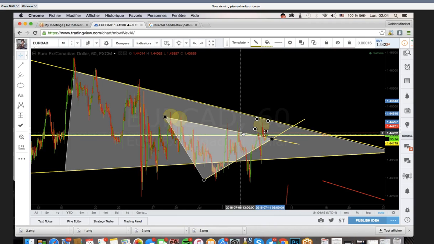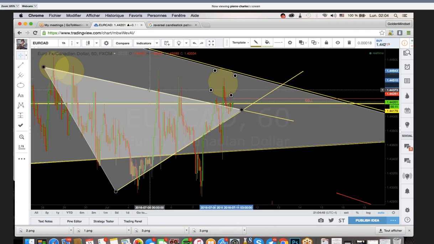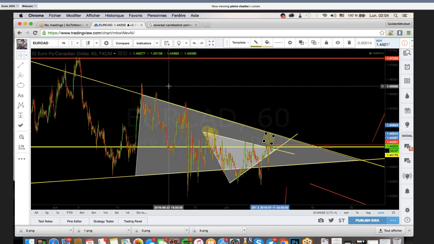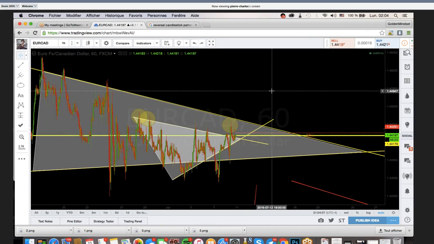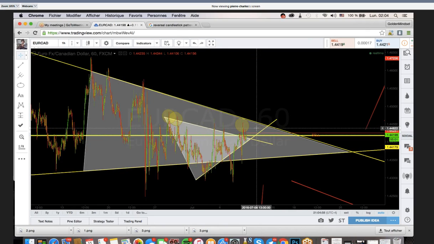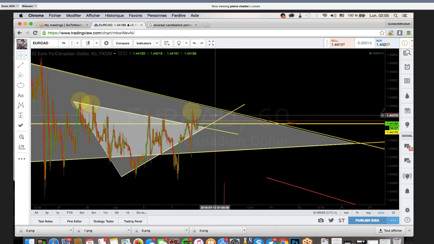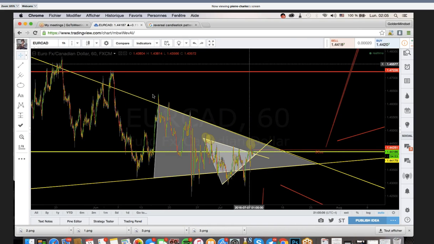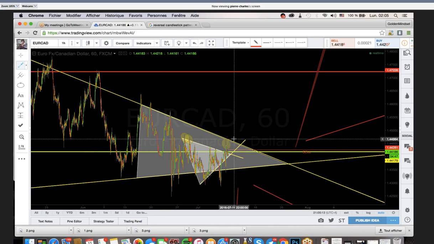Higher. Even the body, look, the body is higher and the wick is higher. So what does it mean? The trend is about to change. Then I'm pretty sure it's going to jam over there, and then it will break up. And when it breaks up, I'm expecting it to go really high, like this high.